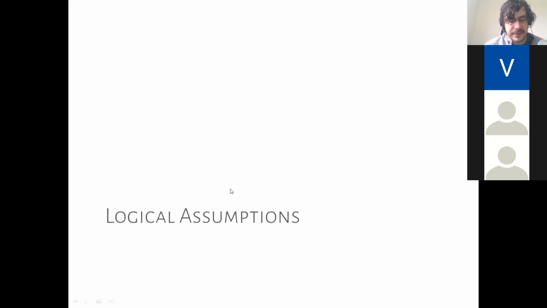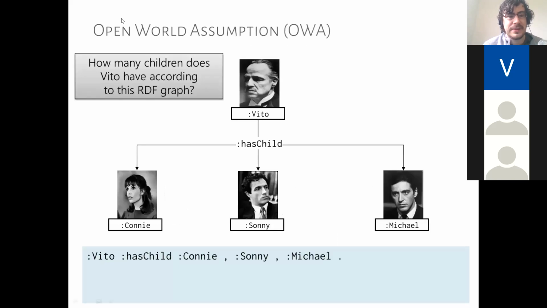First of all, before we see the examples, we have to mention two important logical assumptions, or lack of assumptions, some might say, for OWL. The first is a logical assumption, or better to say a lack of assumption, which is called the open world assumption.